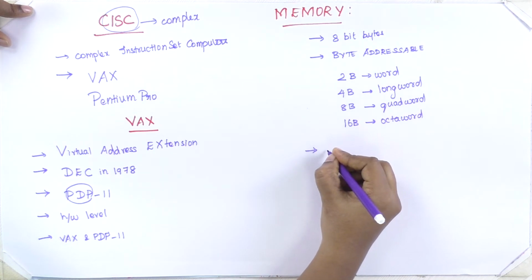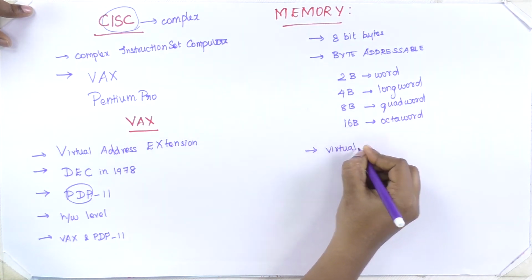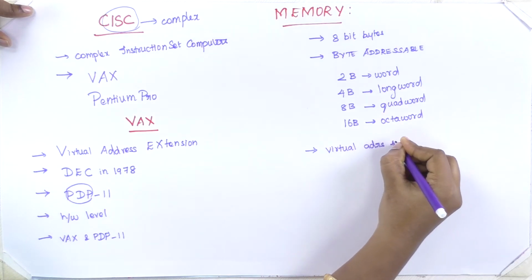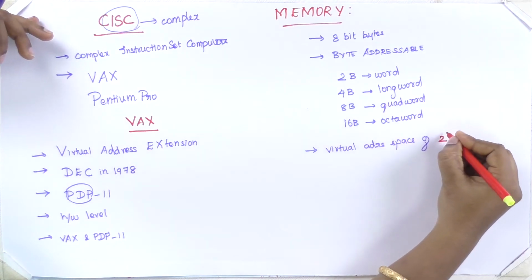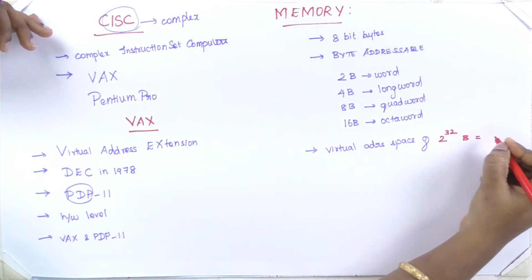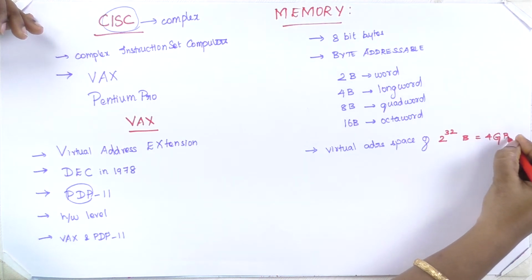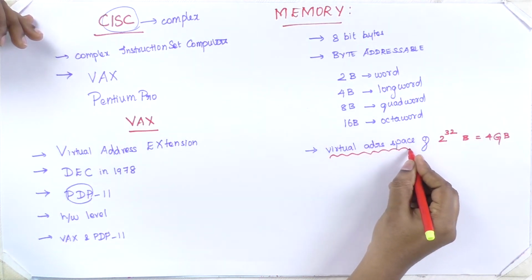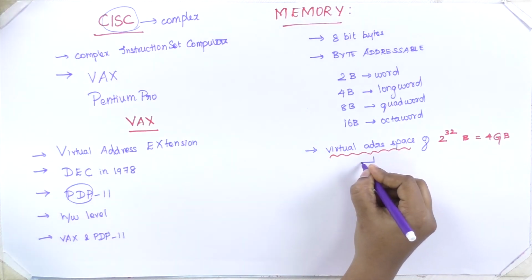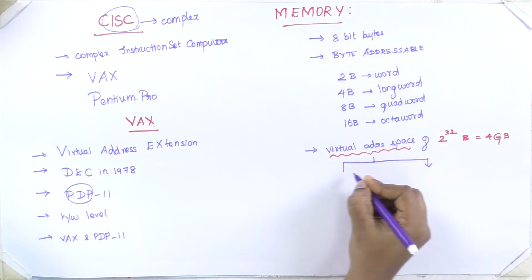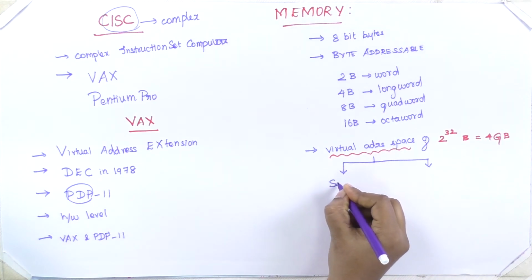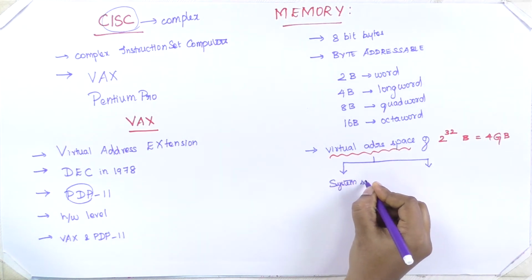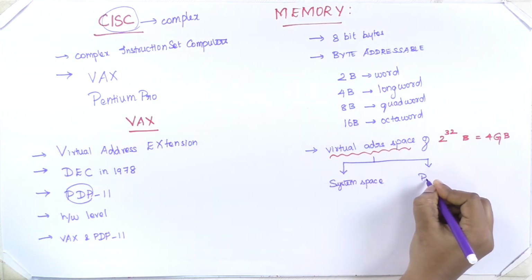All VAX programs operate in a virtual address space of 2 power 32 bytes, which is equal to 4 GB. This virtual address space is divided into two memory spaces: system space and process space.